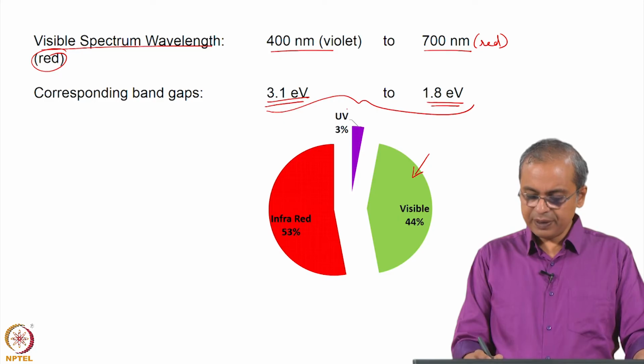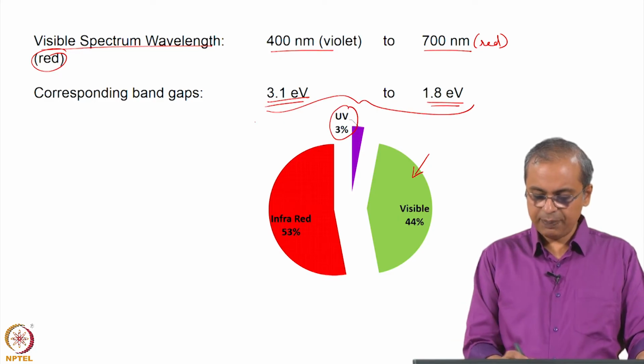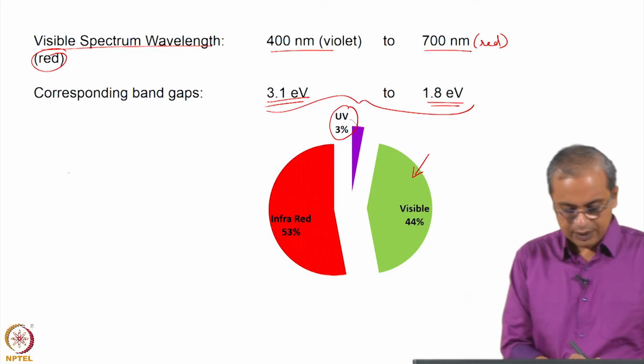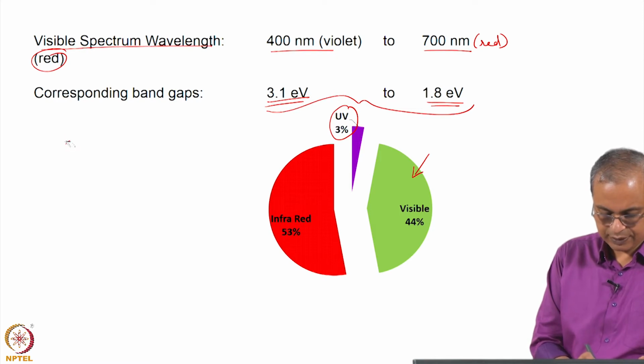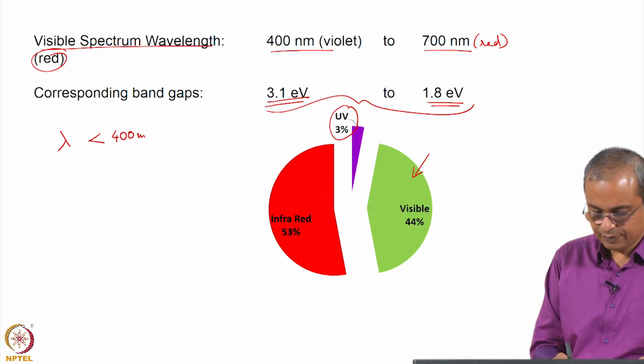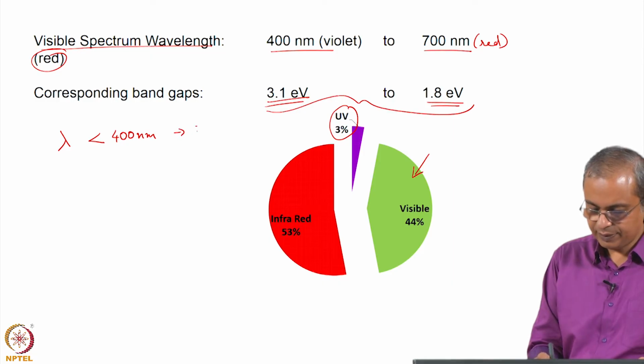You have about 3% which is ultraviolet. So, about 3%, and this is 44%. If you have frequency or energy, well, let us go to wavelength, because wavelength is what I have given you. Lambda less than 400 nanometers, that is 3%.